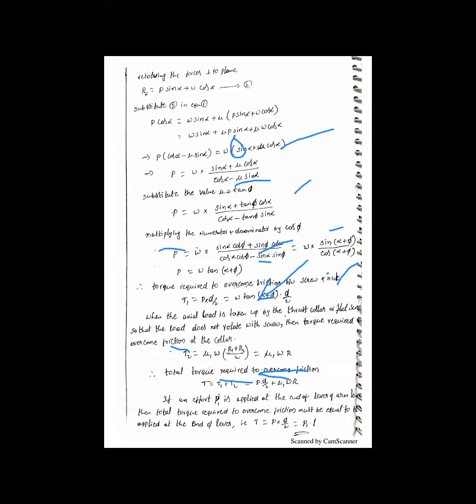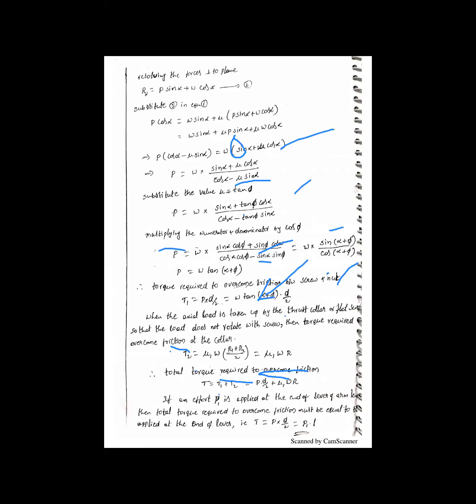All of you understand? Please unmute your mics and respond. Roll number 347, please unmute your mic. Did you understand the total derivation?